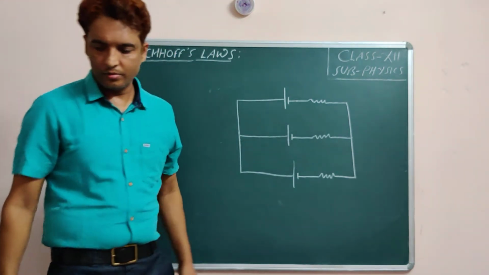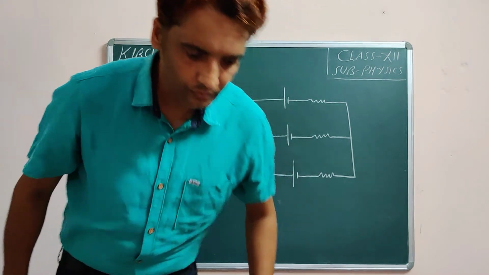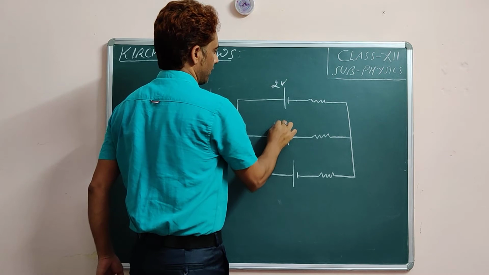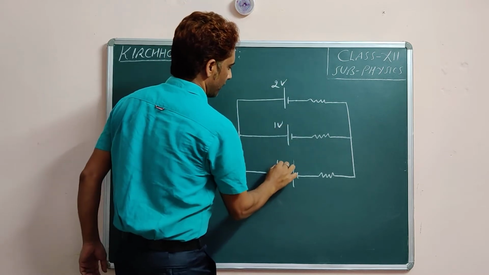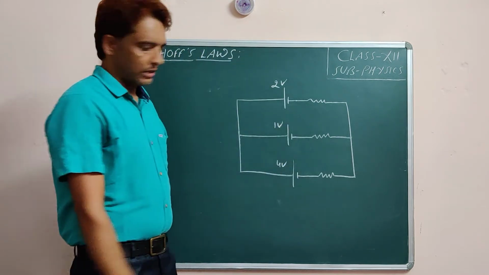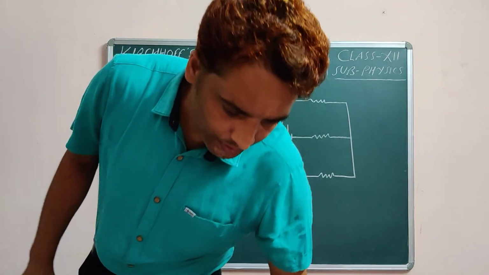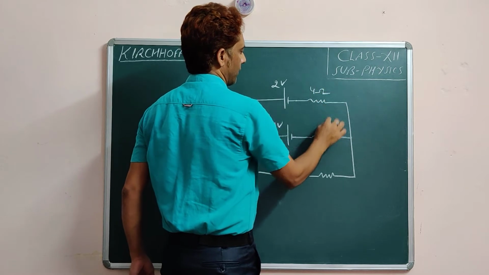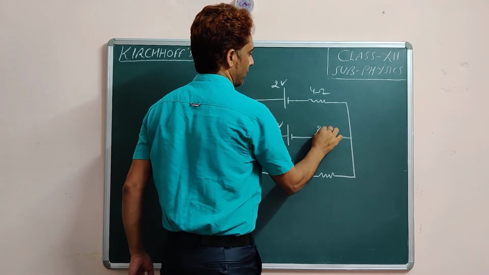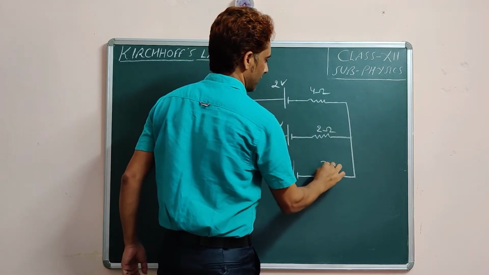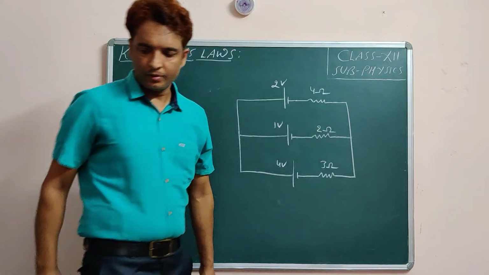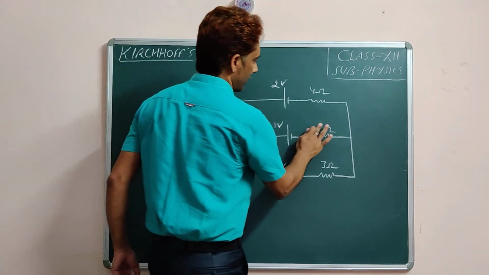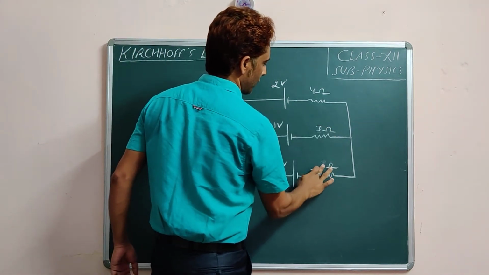Let its voltage be 2 volt, 1 volt and 4 volt, and let the values of resistance be 4 ohm, 2 ohm and 3 ohm. Or let it be 3 ohm, let it be 2 ohm.